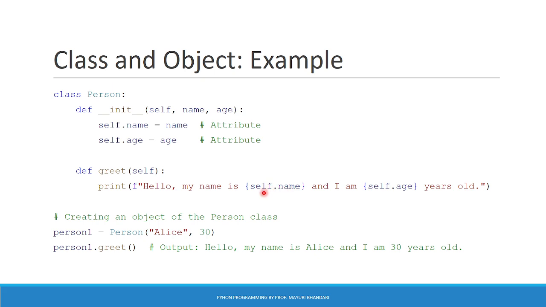Inside this message we have written self.name, so it will take this name, and self.age, it will take the age, whatever age and name we are passing to this constructor. Got it? So we use this init function to assign values to all object properties that you want to define.